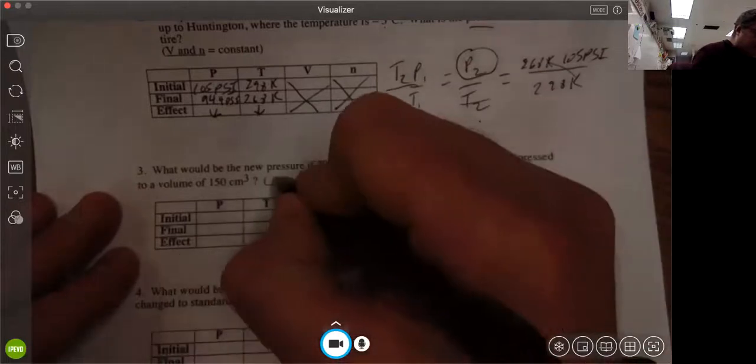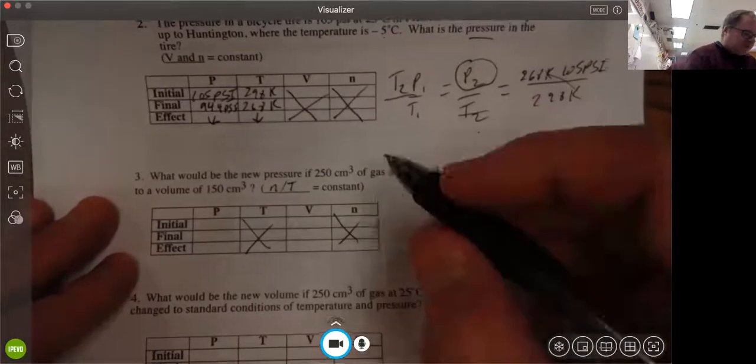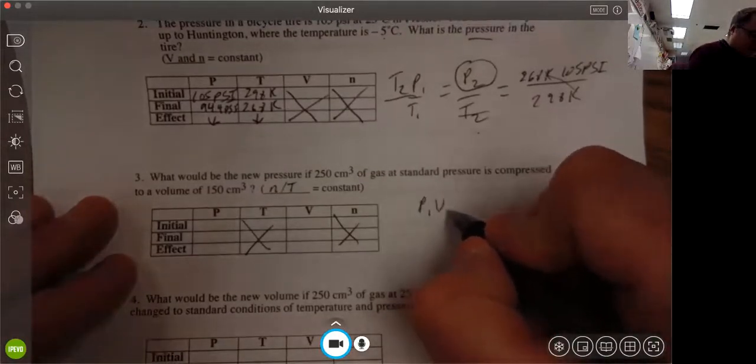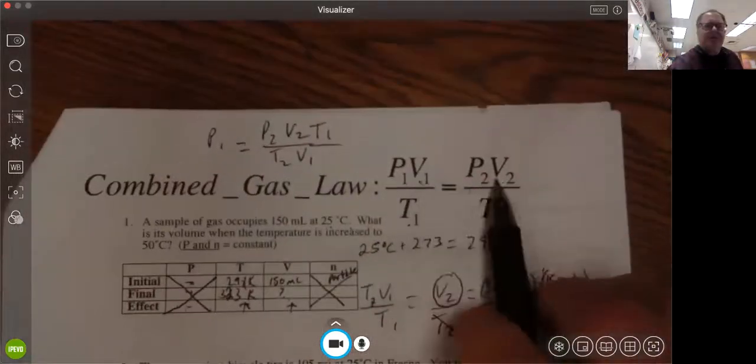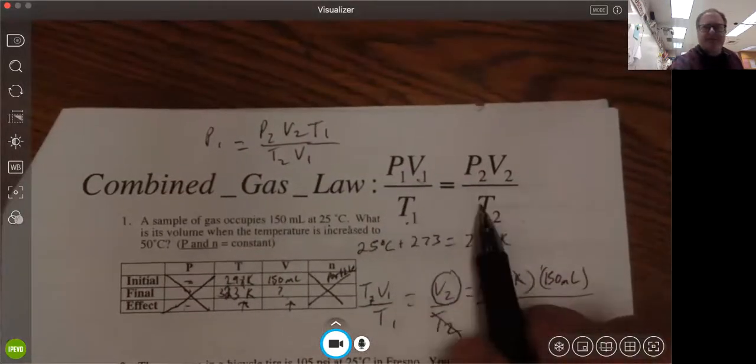What would be the new pressure if 250 centimeters cubed of a gas at standard pressure is compressed to a volume of 150 centimeters cubed? With this one, both temperature and number of particles is constant. So we have P1 V1 equals P2 V2 from our original equation, because the temperatures will be the same, so it will cancel out.